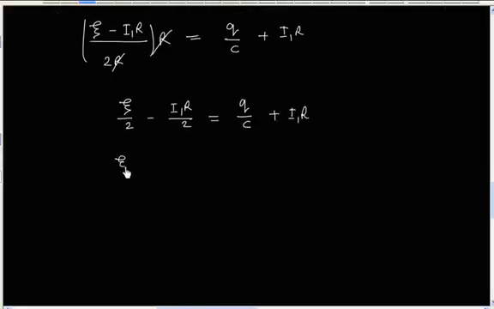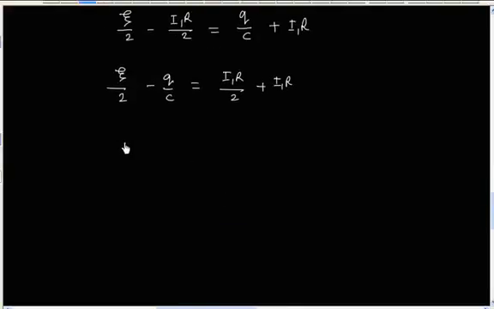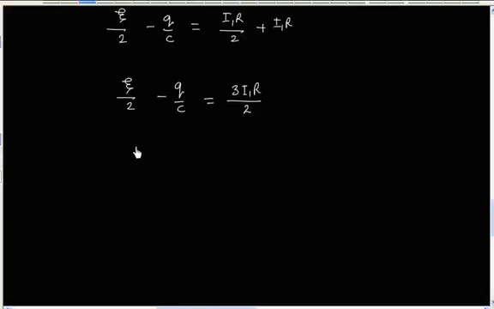So let us take I1 one side. So this becomes I1R by 2 plus I1R, and that is Xi by 2 minus Q by C, and this is 3 I1R by 2. Now we can multiply by 2, so we will have Xi minus 2Q by C is equal to 3 I1R.